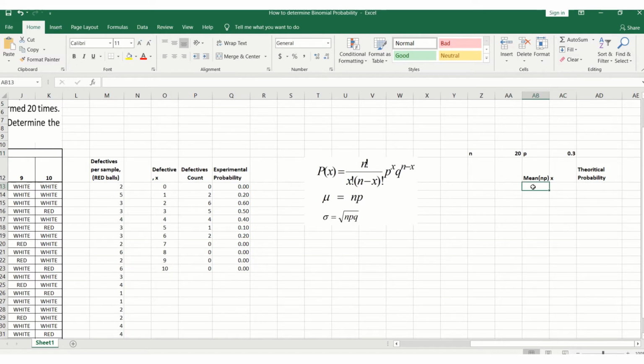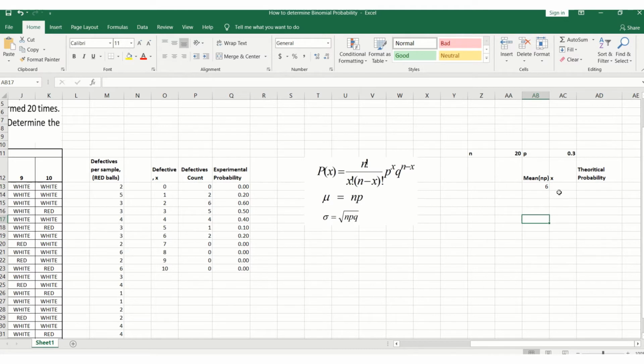So the value of the mean can be easily computed. It is 20 into 0.3. This is the value of the mean, and it is the same for all the instances.